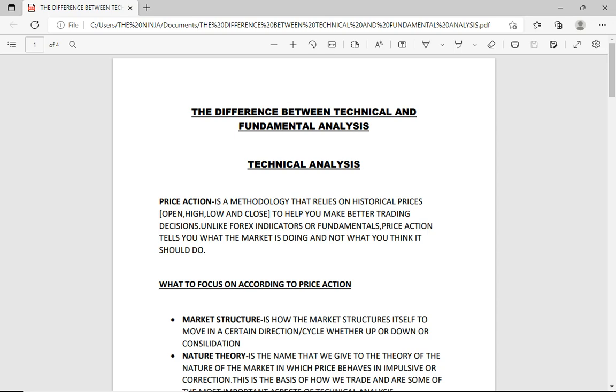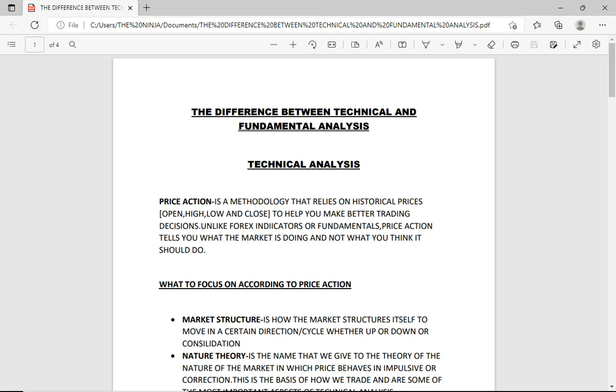Now I'll be differentiating the two so that everybody can fully understand the difference between technical analysis and fundamental analysis. In technical analysis, we have price action and smart money concept. That's technical trading. I'll start off with a review: technical analysis is the approach to the market any time of the week using all the tools.